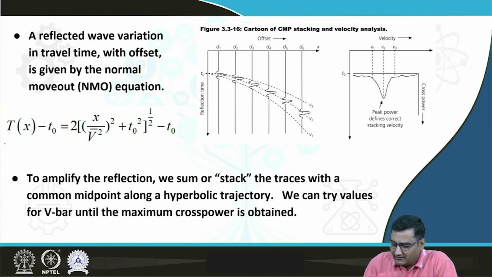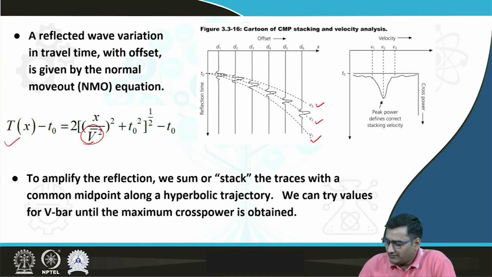This is the expression that we are using where you can see there is the velocity term, and we use different velocities to align our hyperbolic traces. We can use v1 velocity, we can use v2 velocity, we can use v3 velocity. Likewise, we can use many values of velocities to do normal move out corrections.